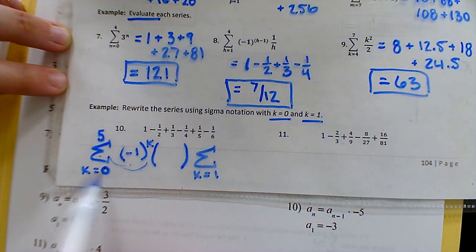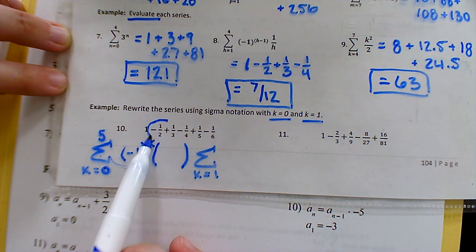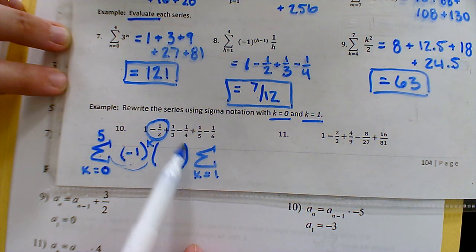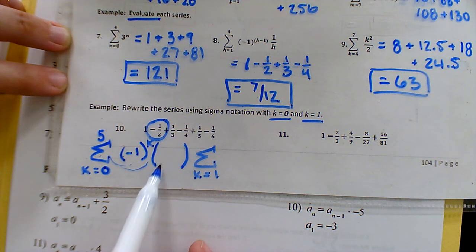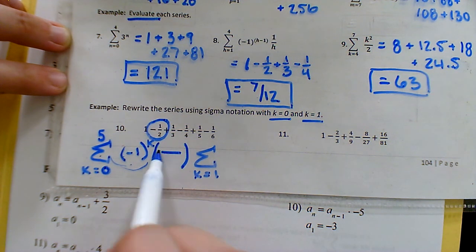Notice how if I plug in the number 1, like for the next term, -1 to the first is -1, so I have that negative sign showing up here. But whenever I plug in 1 into this value, I should get 1/2. Can we think about it? We're dealing with a fraction, so maybe that might be a good place to start.